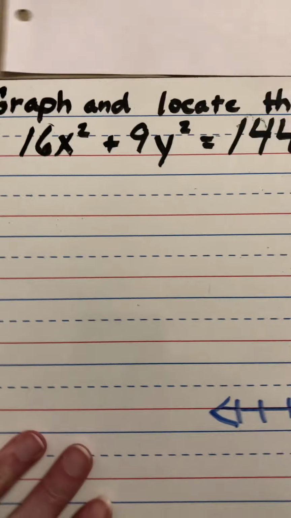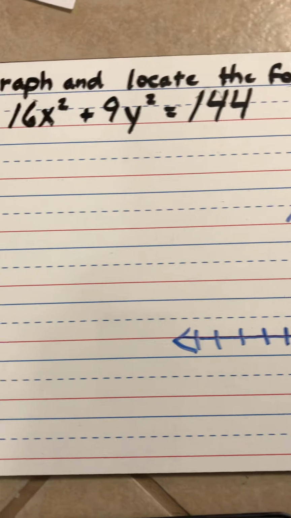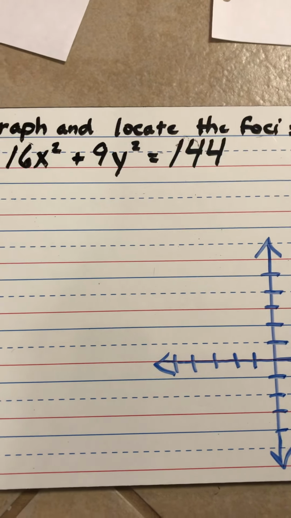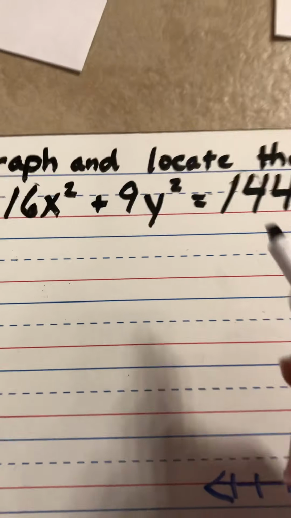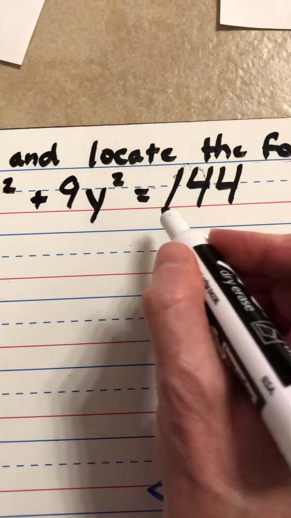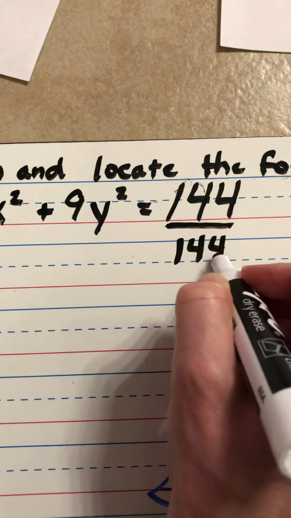In number 13 on the quiz, this is the last problem, you want to graph and locate the foci once again. So from 9.1, we have to put this into standard form. So once again, with standard form, we want this number to be a 1. So I'm going to divide by 144.